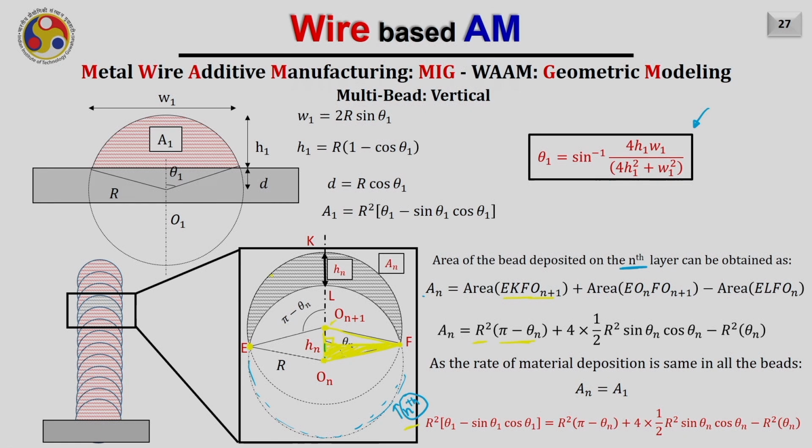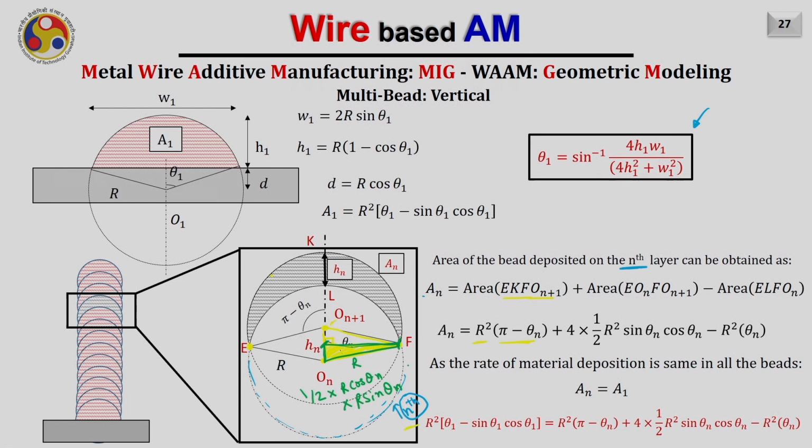this area will be equal to half of this distance, which is nothing but, if this is r and this angle is theta n, r cos theta n multiplied by this distance from here to here, and that will be r sin theta n.